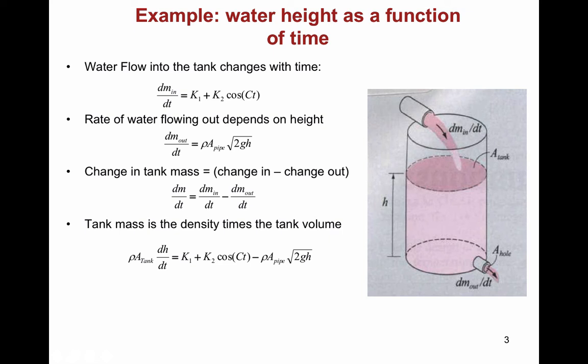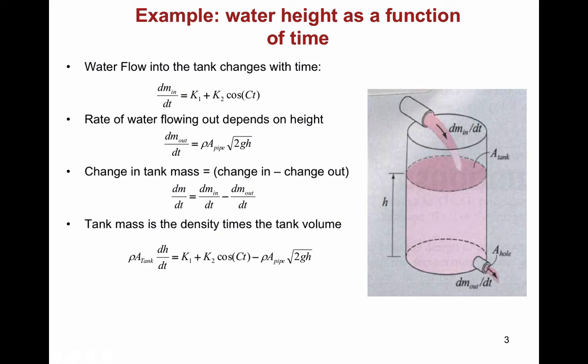The change of mass inside is related to the change in height, because I know the geometry of my cylinder, and mass is rho times volume, and volume is the area of the tank times the height. So this change in mass is related to the change in height in this tank, and this is my differential equation that governs the height of the water in this tank based on what's coming in and what's coming out.